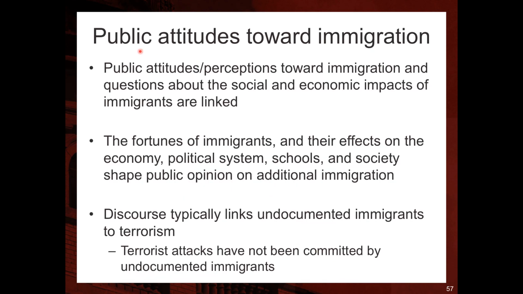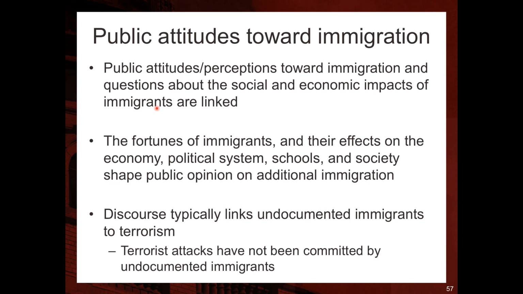So here, the public attitudes and perceptions toward immigration and questions about the social and economic impacts of immigrants are linked. All these discussions that we have in public and the perceptions that we have toward immigrants shape our questions about the socioeconomic impacts of immigrants.